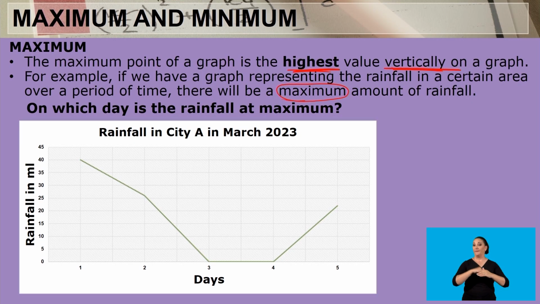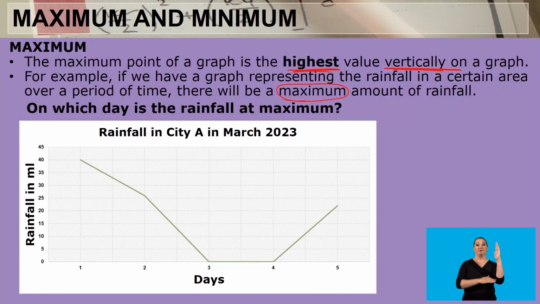This means that we are looking for the highest value vertically on the graph. Can you identify that value? If you are looking at the first day, then you are absolutely correct, because we can see that on the first day, the rainfall was the highest compared to the other days.